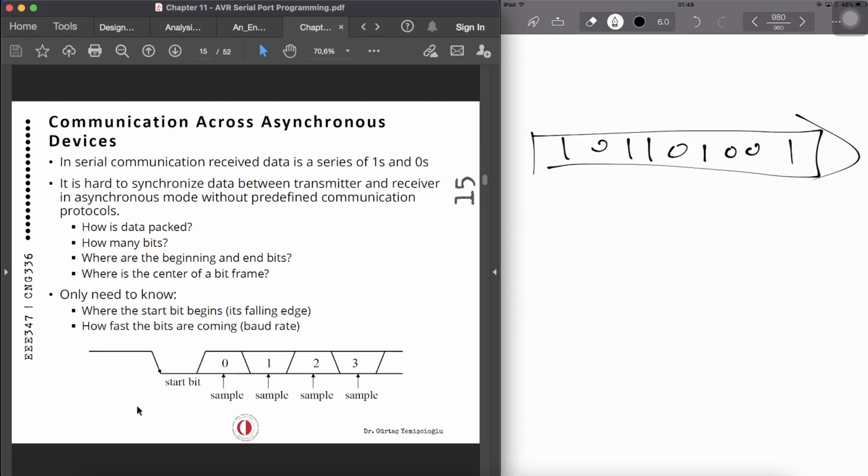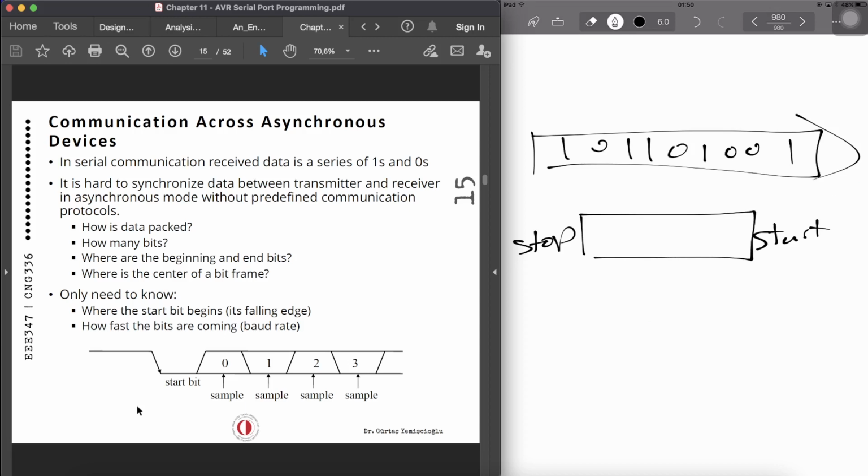In the asynchronous one, each character is placed between the start and the stop bits. So we have the start bit, the stop bit, and the data in between them. And this is actually called framing.